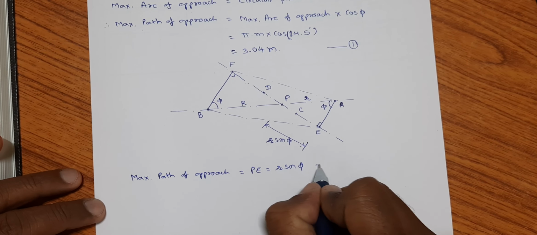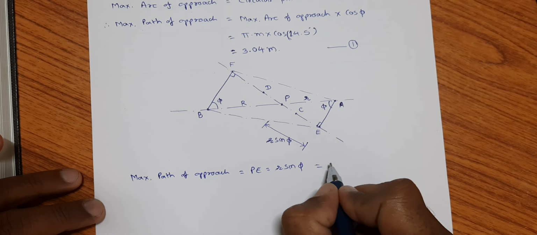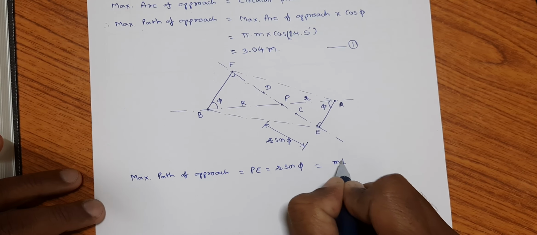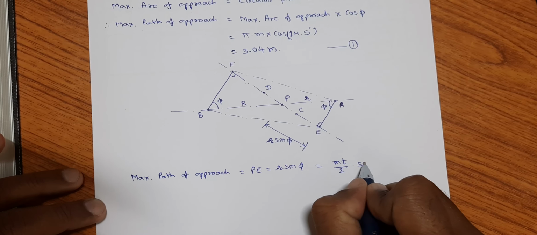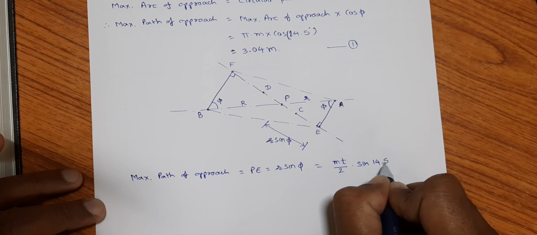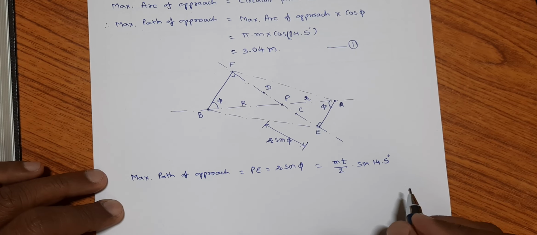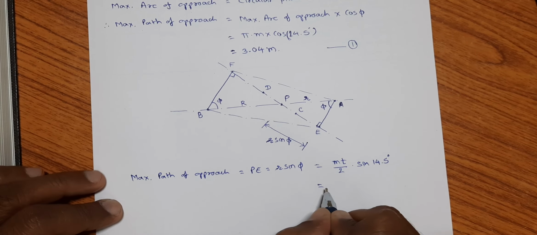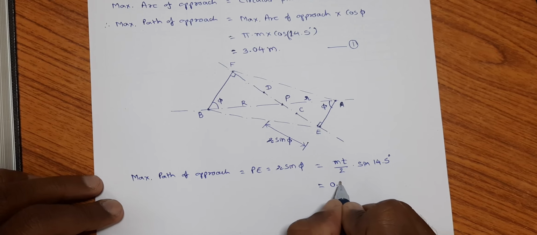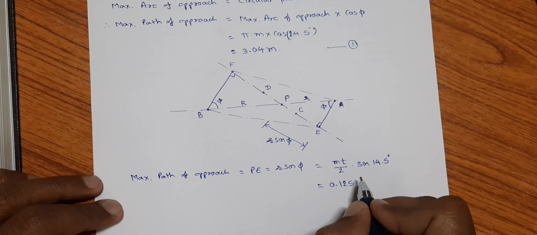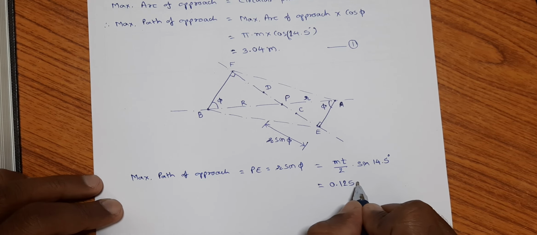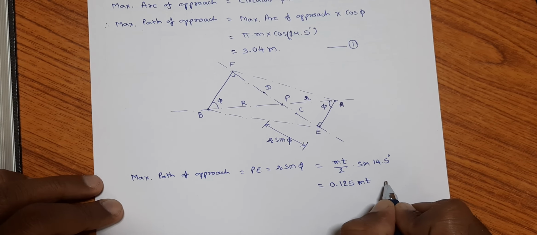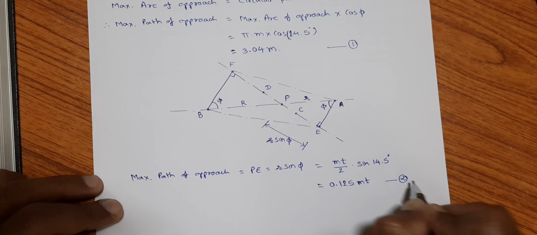So is equal to pitch radius of the pinion, m into t by 2, into sine of 14.5 degree. On calculation we found is equal to 0.125 times m into t. Let us say this relation 2.